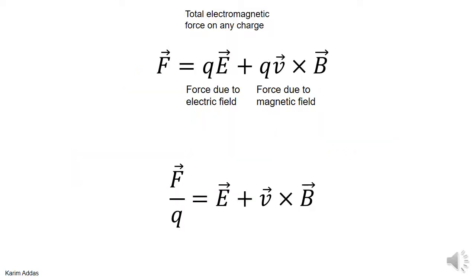So let's think in general. We know that the total electromagnetic force on any charge is QE plus QV cross B, the electric and magnetic forces. If you divide by Q, you get the force per unit charge. You have two terms that could in principle be responsible for making a force on the charges.